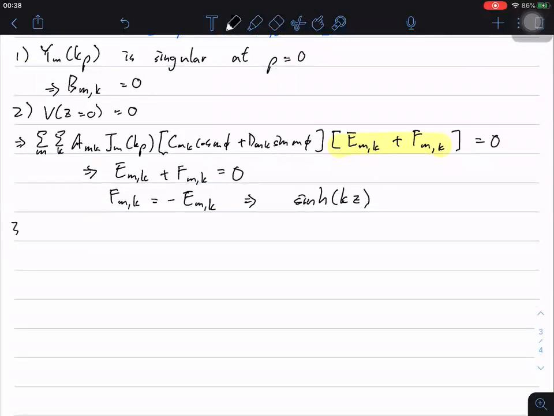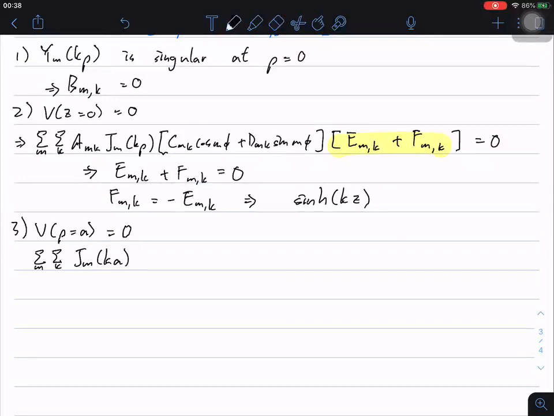Okay, for the third boundary condition, we have the potential of the side of the cylinder equal to 0. So again, we plug rho equal to a into our general solution.